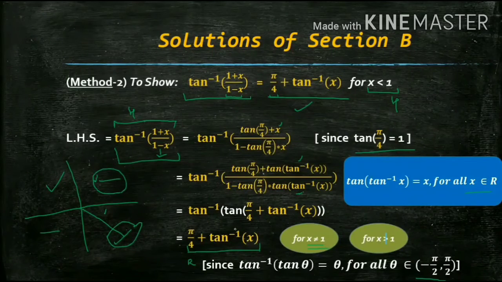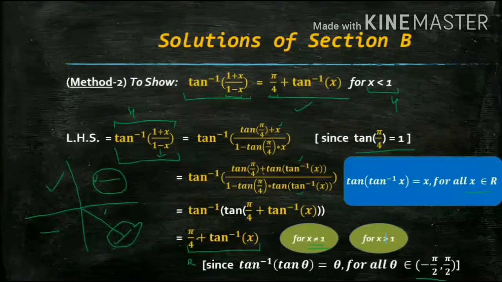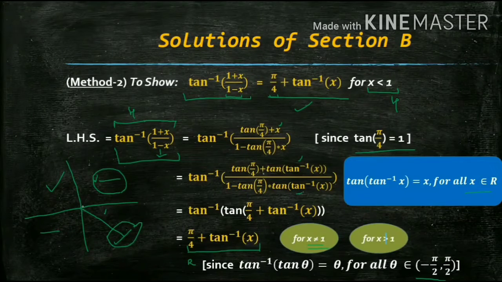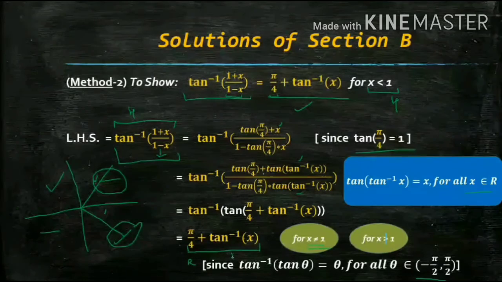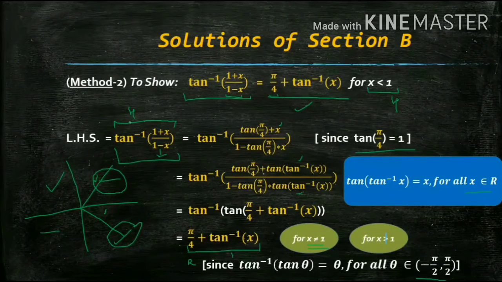So the tan inverse x value would lie in the first quadrant, and pi by 4 is also in the first. So for any angle, it would be lying in the first quadrant. So now this RHS lies in the first quadrant, whereas the LHS lies in the fourth quadrant. That means both are not equal. Angles are not equal in opposite quadrants, right? Correct? Because in the fourth quadrant, any angle would be negative, and in the first quadrant it would be positive, which are not equal. So that's why x can't be greater than 1.